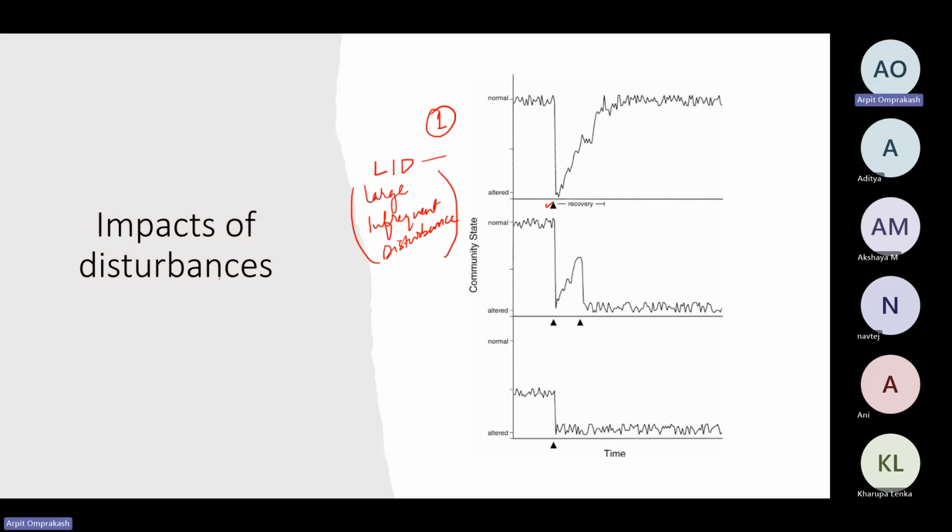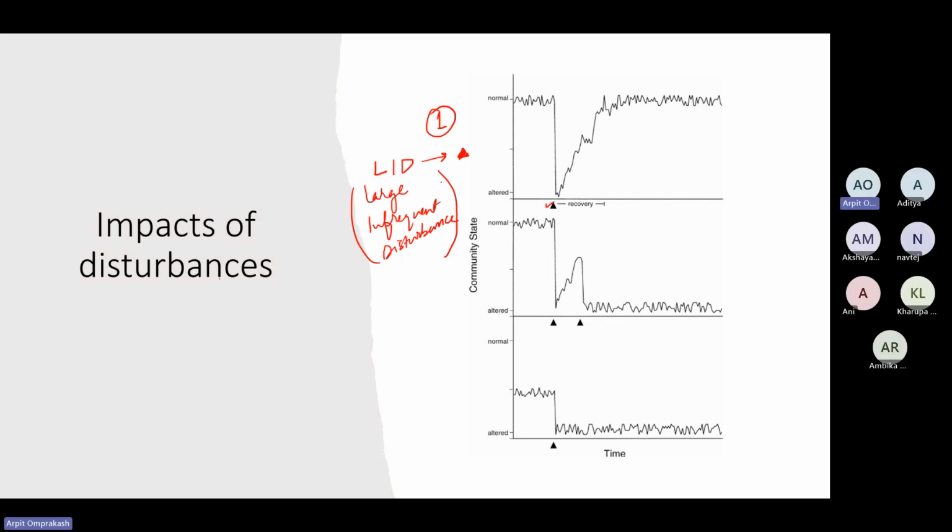So what happens when we have a large infrequent disturbance in a community that is in the normal state? We see that there's suddenly a change in the community, and it goes from the normal towards the altered state very quickly.